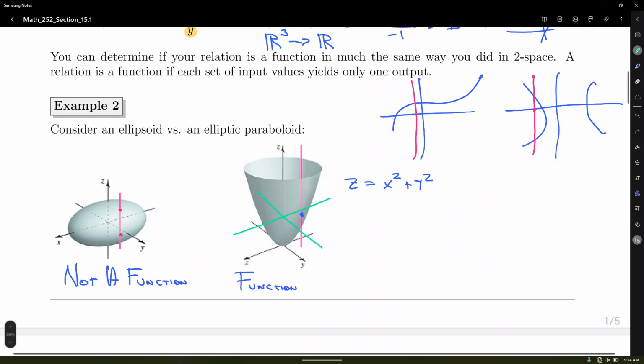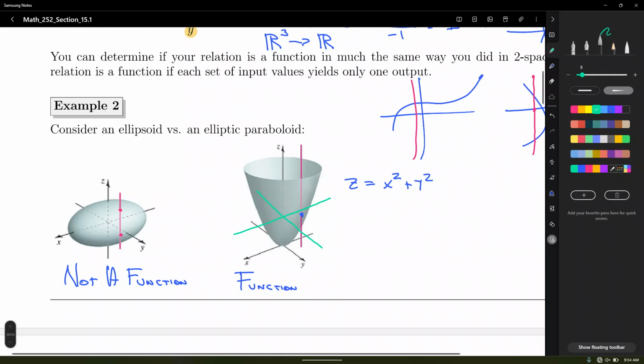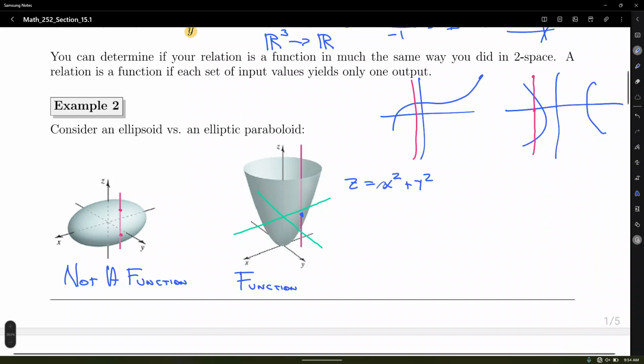Well, how can we relate that to its algebraic form? In this case, z equals x squared plus y squared. Our inputs are x's and y's, ordered pairs in the xy plane, and our outputs are points whose height is at whatever z value, all right?